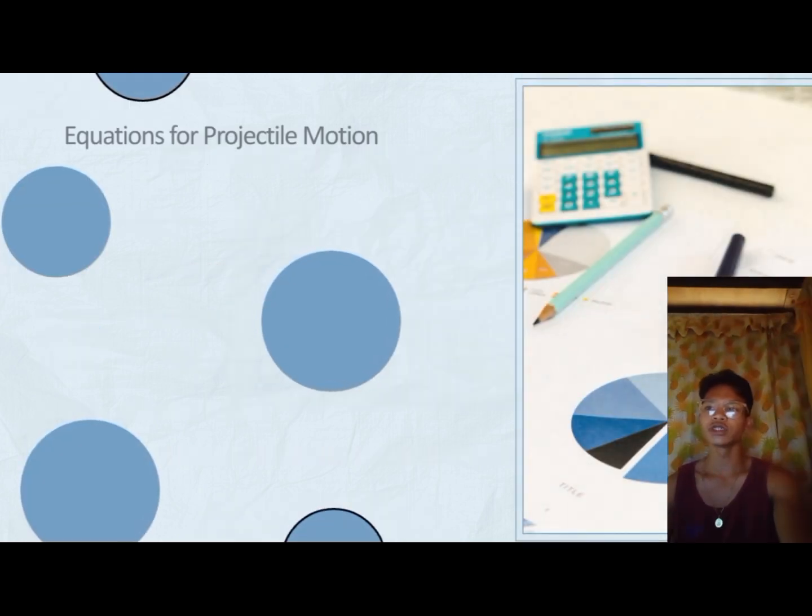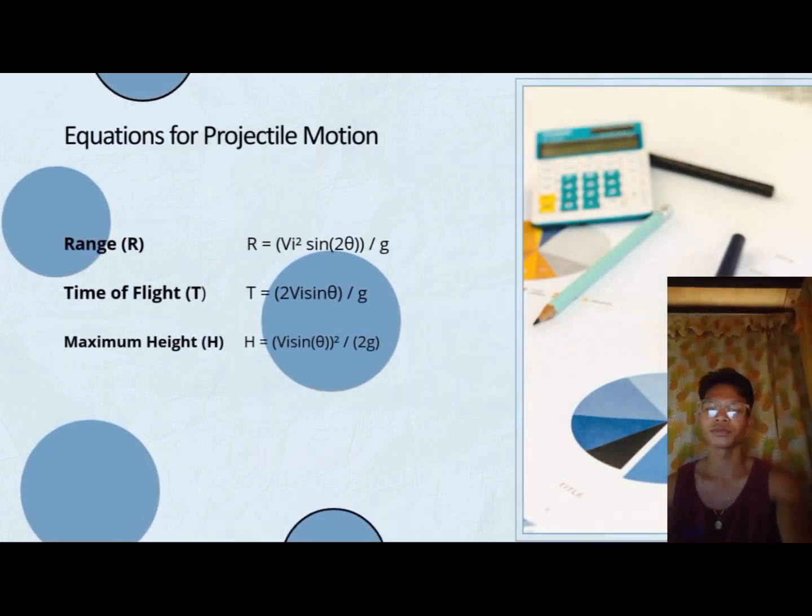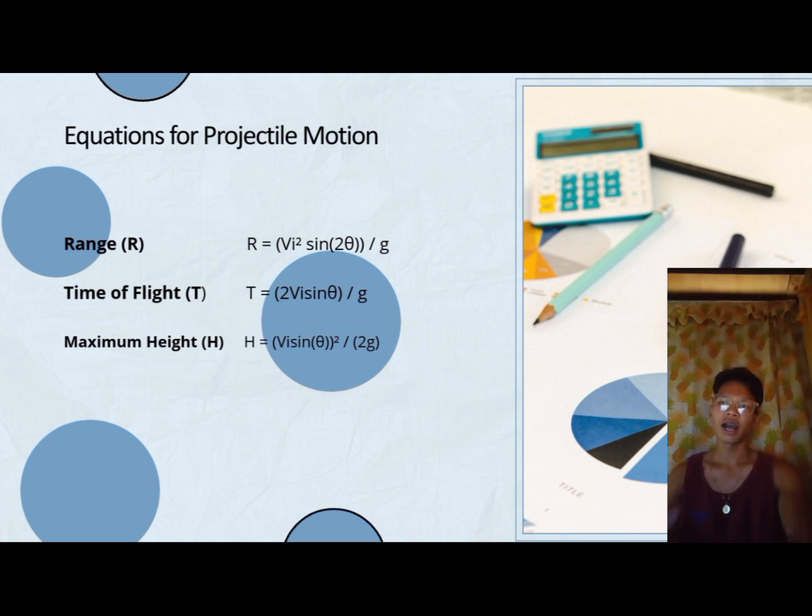These are the equations for solving the projectile motion. For range, R equals initial velocity squared times sine of 2 times launch angle, over acceleration due to gravity.